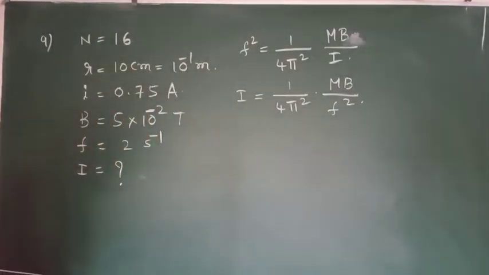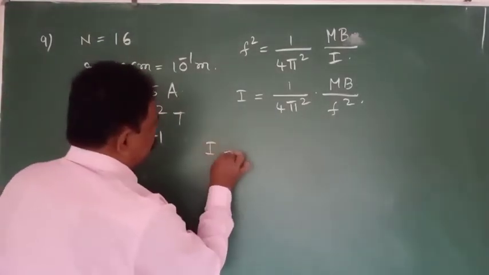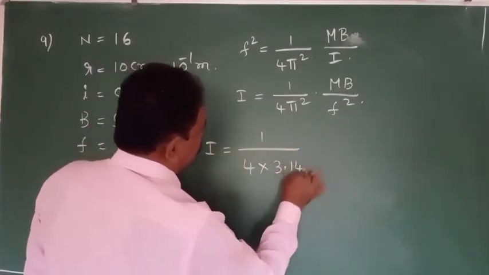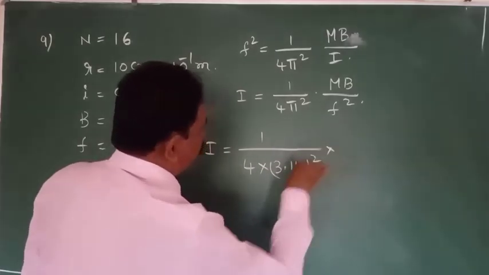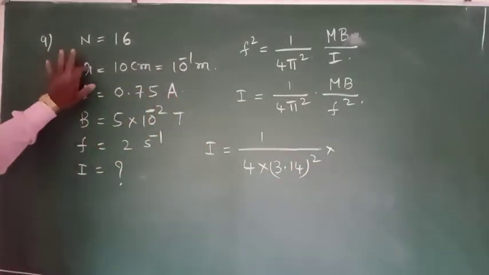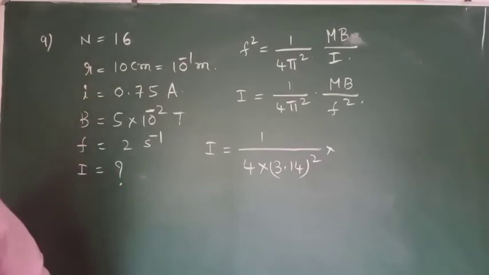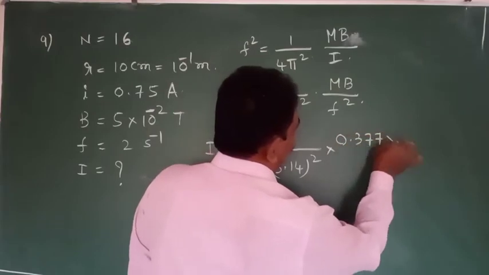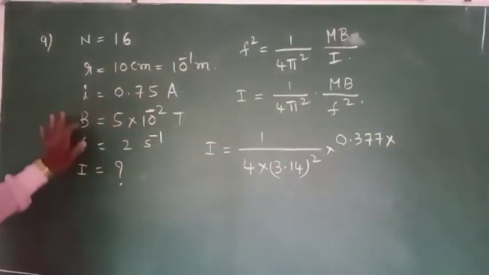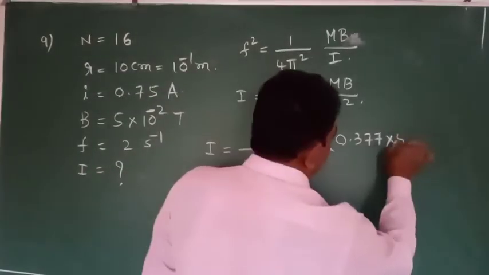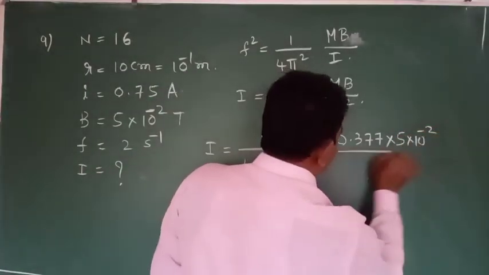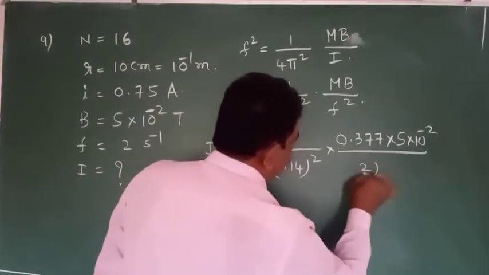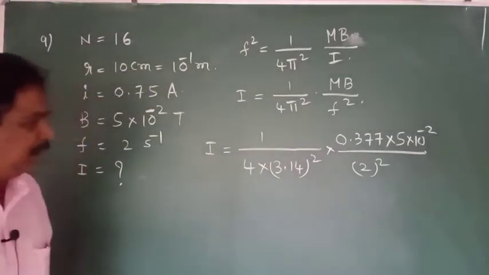Then I value is equal to 1 by 4 into 3.14 whole square. M value we got 0.377. B value is 5 into 10 power minus 2. F square, F value is 2, F square means 2 square.